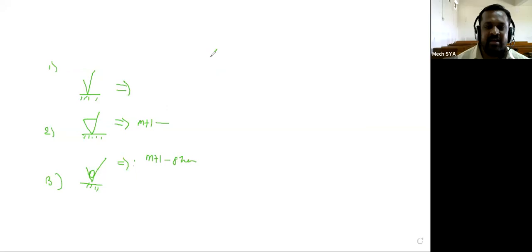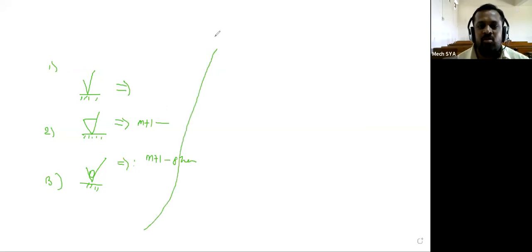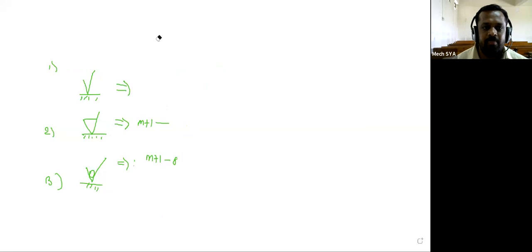Now again we have seen the main basic symbol of surface roughness.